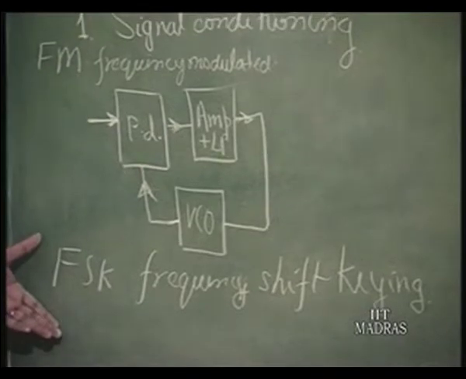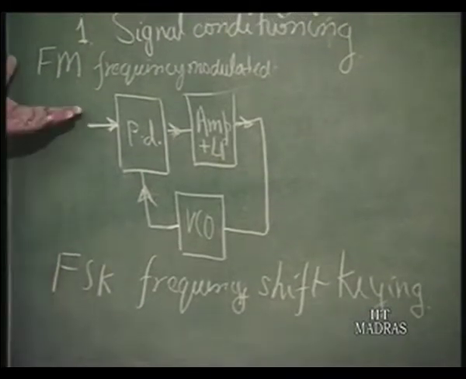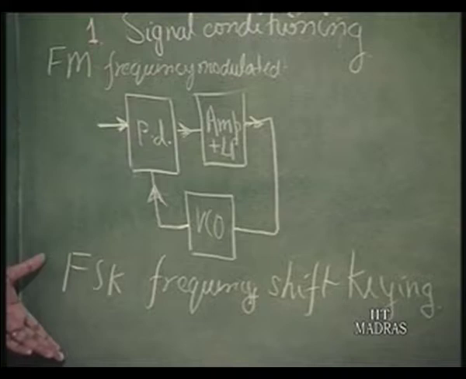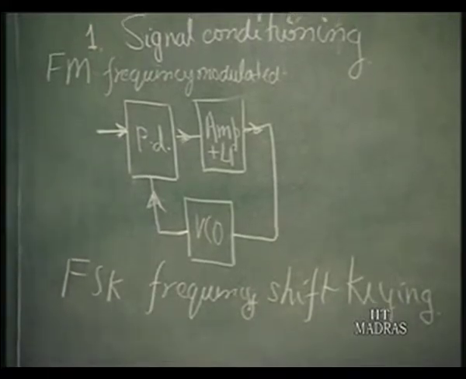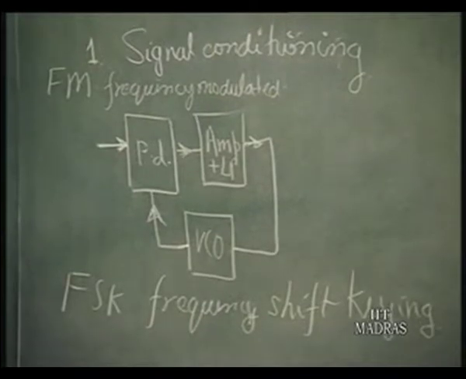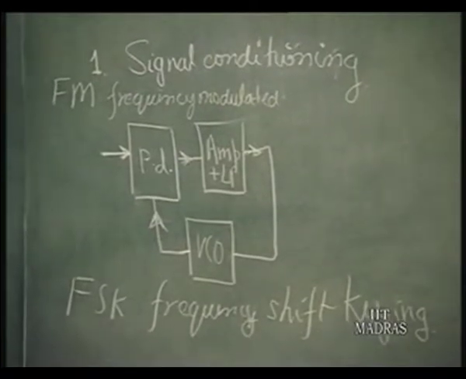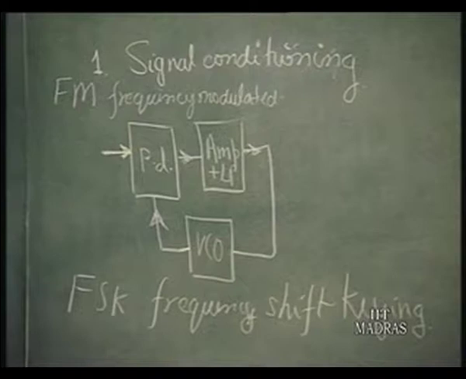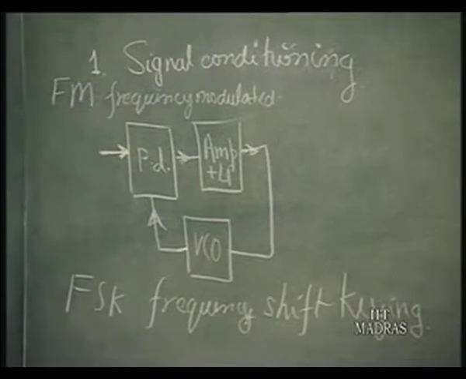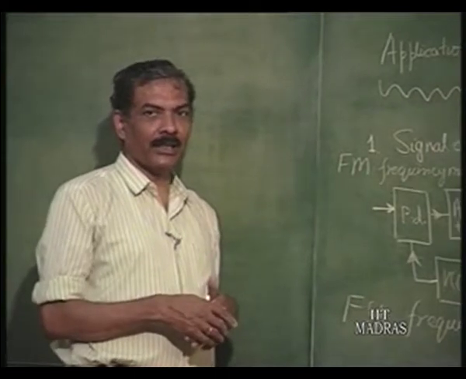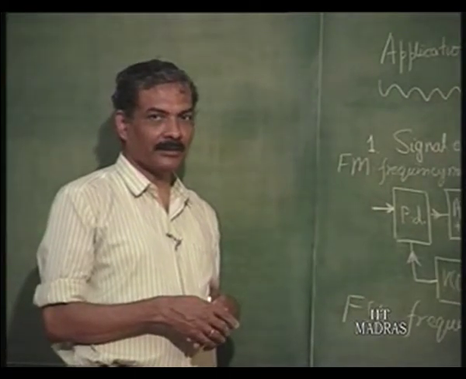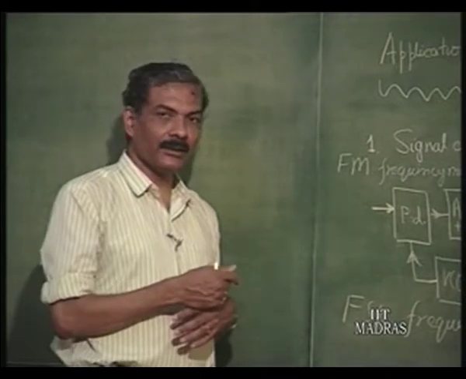So, these FM or FSK signals over transmission in the line may get weakened, get attenuated. So, we want to bring it back to life, strengthen the power level, okay, and get rid of the noise that is going to be added to the signal.